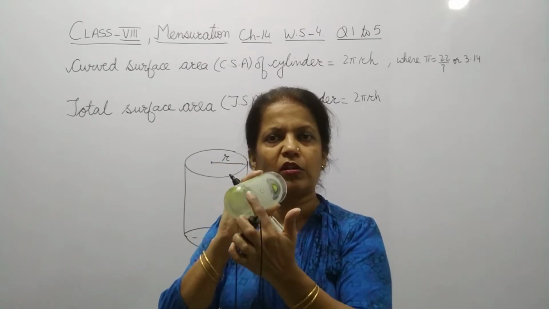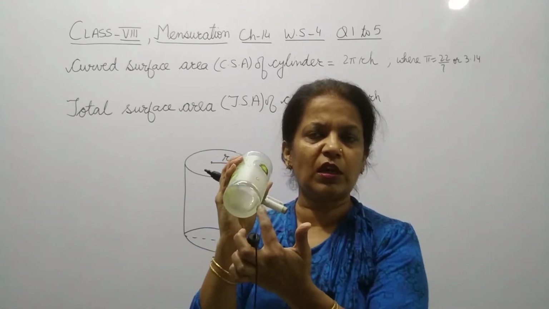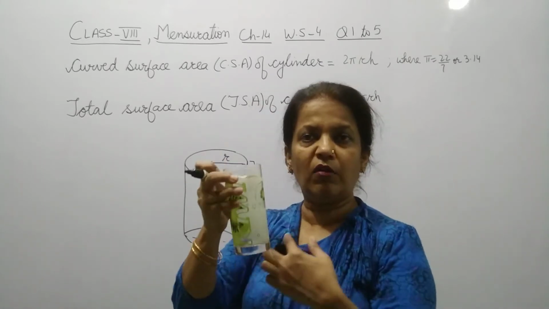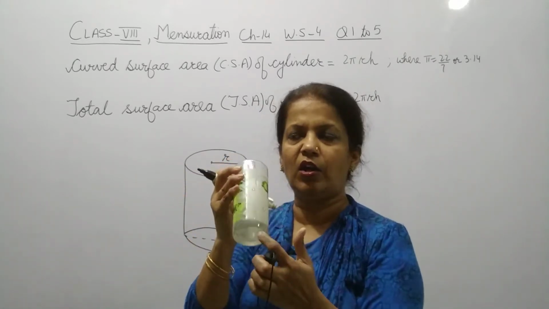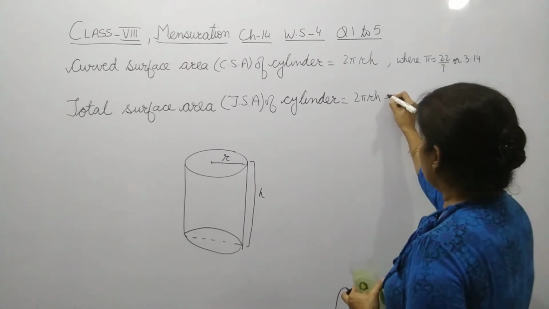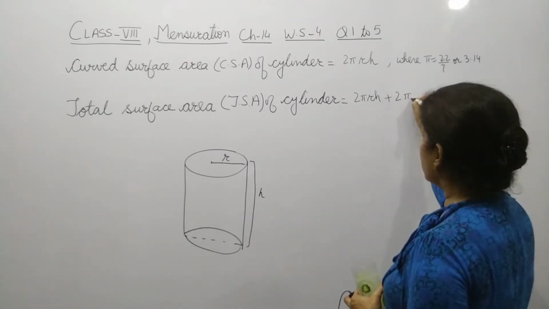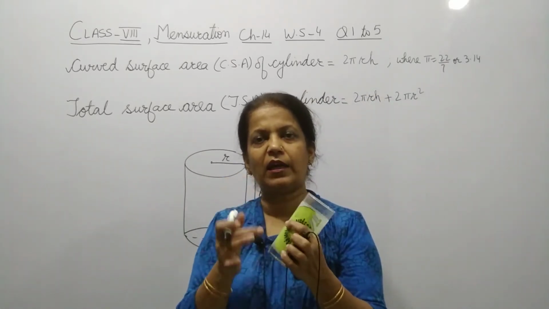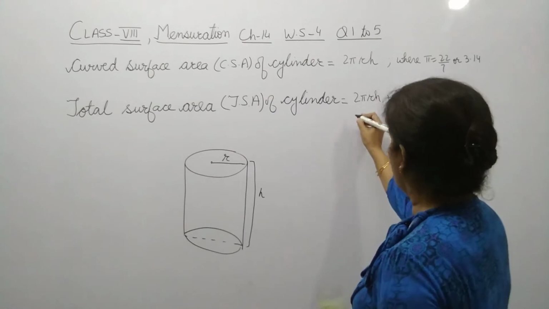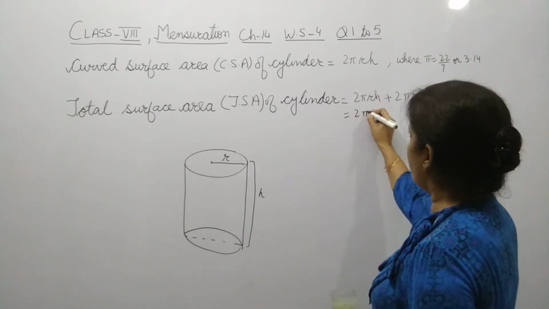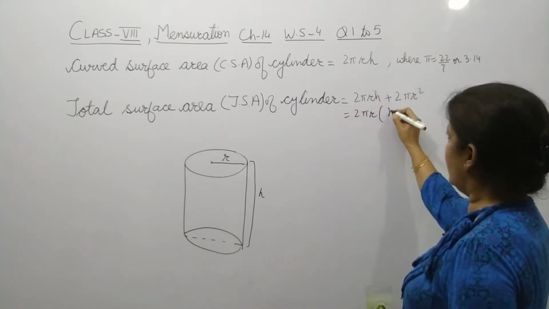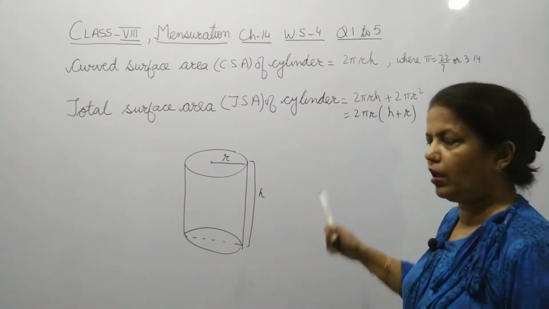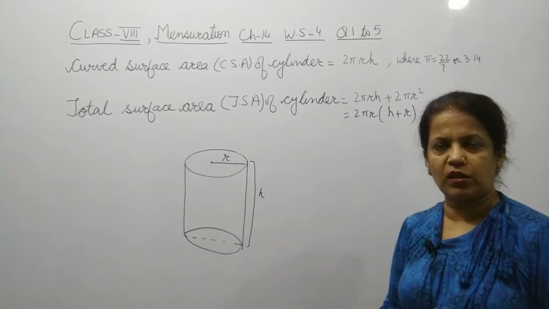The lower part is also circular, so its area is also pi r square. So the total is 2 pi r h plus pi r square plus pi r square, which is 2 pi r square. Now take 2 pi r common, and the remaining is h plus r. So this is the formula for total surface area.